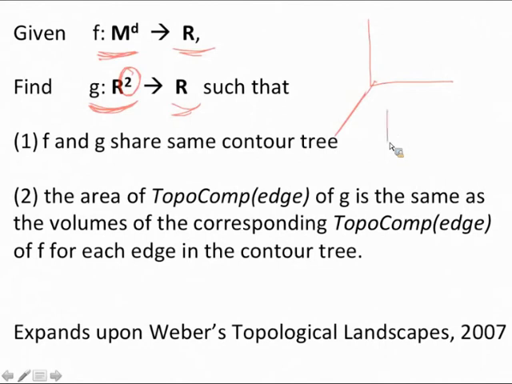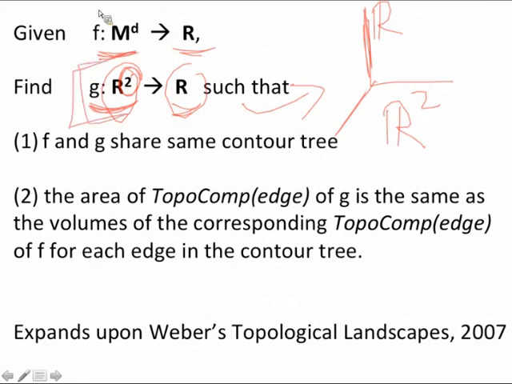And so our domain is R^2, our output is R. And so if you have a function from R^2 into R, you can visualize the graph in R^3, and that just gives you a nice visualization. So the idea is to find a function that will be related to this function right here. And the properties that you want it to have is you want it to share the same contour tree. So it should share the same contour tree.